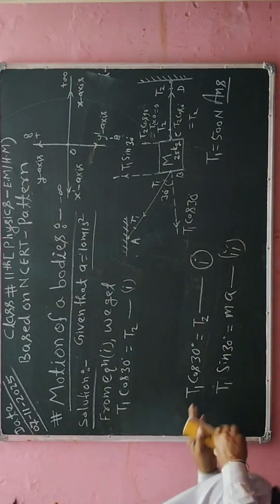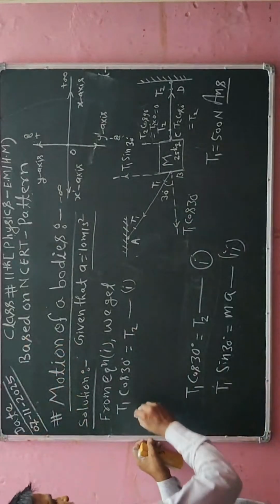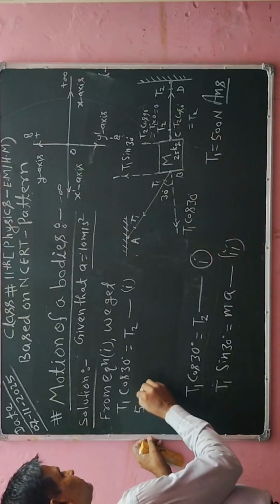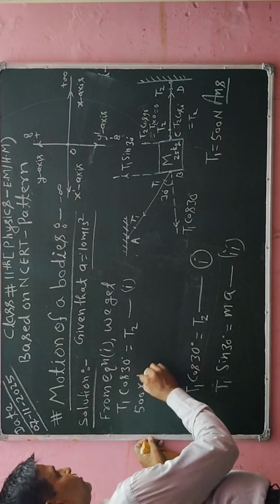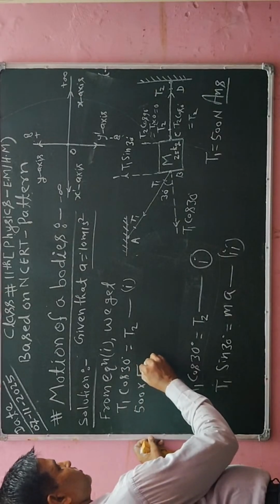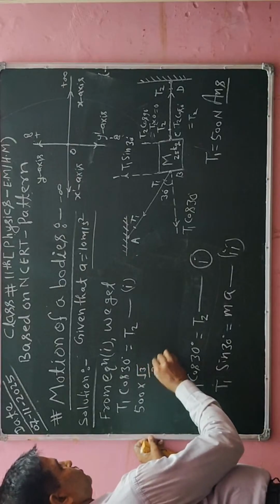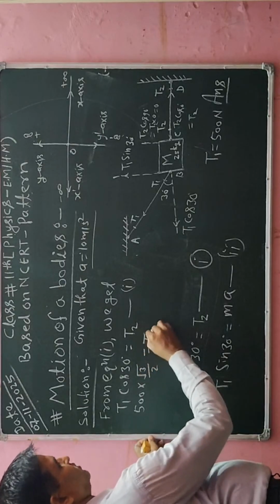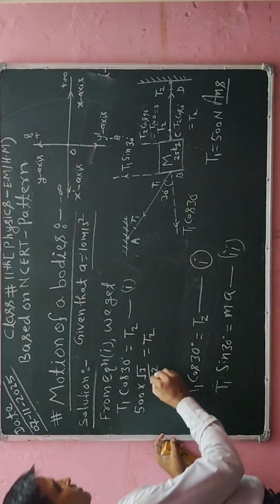Now I have to substitute the value of T1, which is equal to 500, that is 500 in the place of cos 30 degree. I have to write here √3 divided by 2, which is equal to T2. Now further I will simplify. Now it is divided by 2.